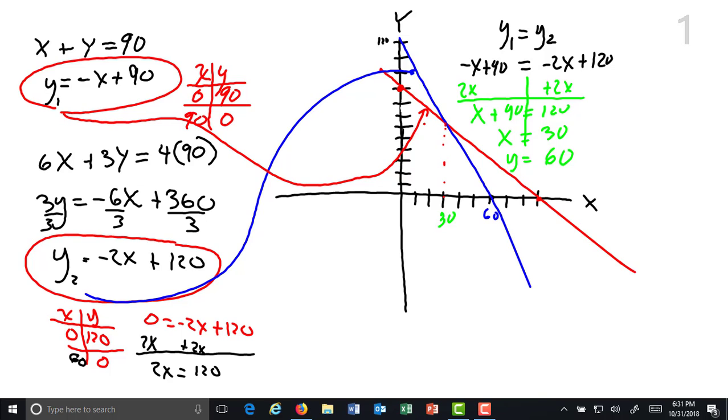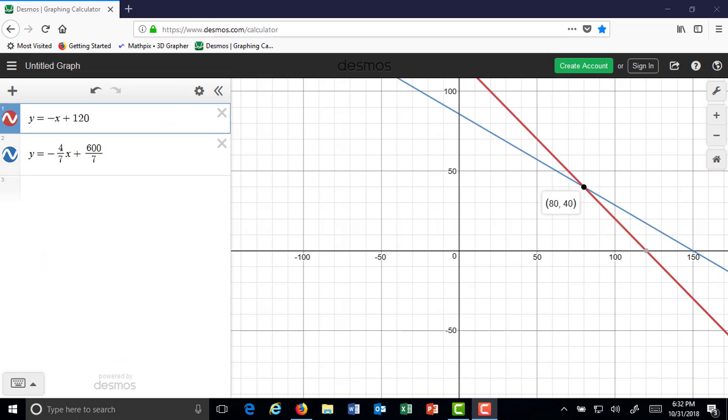So what are we saying this is? Well, that's 60. 10, 20, 30, 40, 50, 60, not too bad, given that's a rough hand. So now let's take a look at here. What do I have? I have minus 2x plus 120, and I have minus x plus 90.